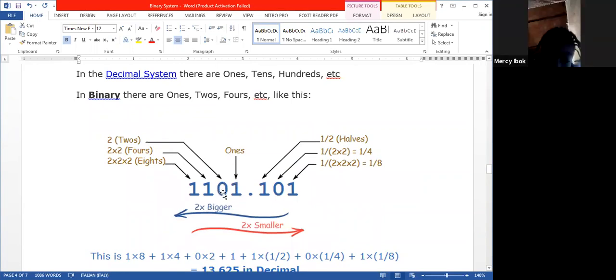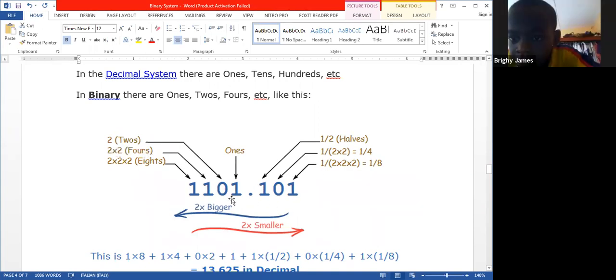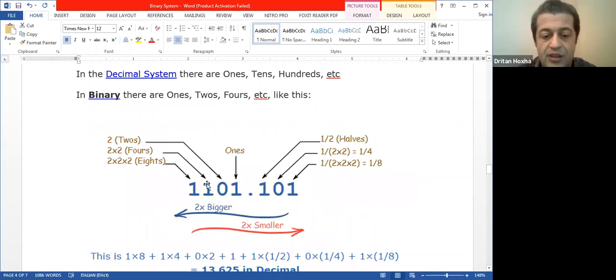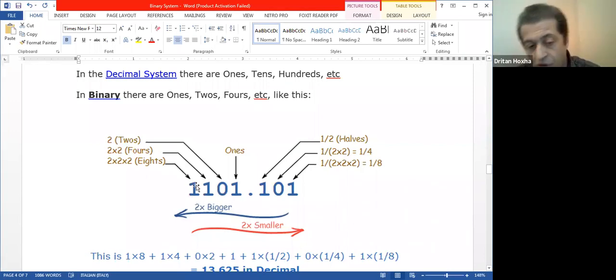This position here shows twos. This position here shows fours, or 2 times 2, as in our numerical system, that is 10 times 10, 100. The fourth position, starting from the right, shows the eights, and so on.